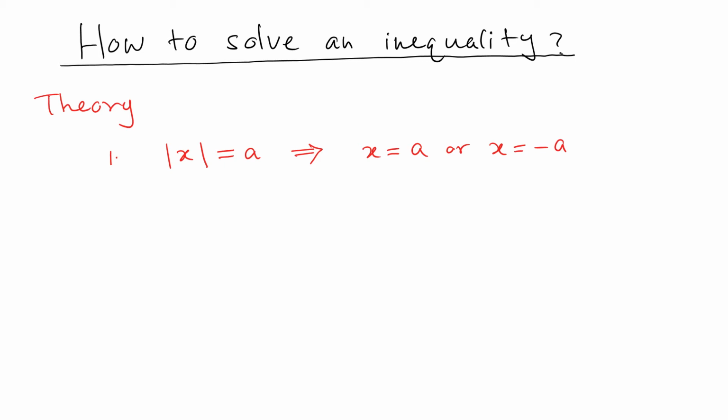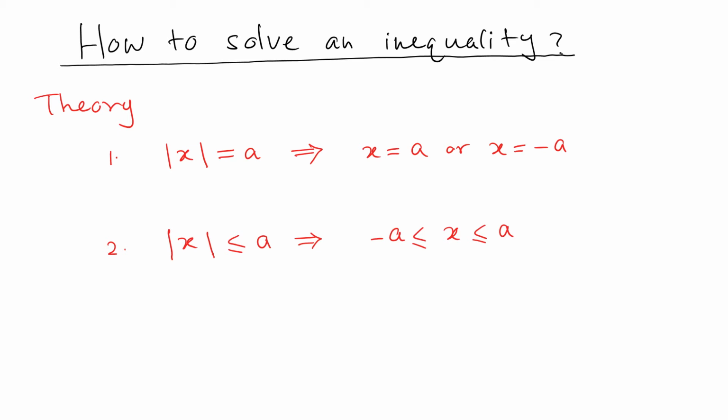If it equals a, that means x has to be either x equals a or x equals negative a. When x equals a, the distance is a. When x equals negative a, that's also a distance of a. So if you have absolute x equal a, your values should be x equals a or x equals negative a.